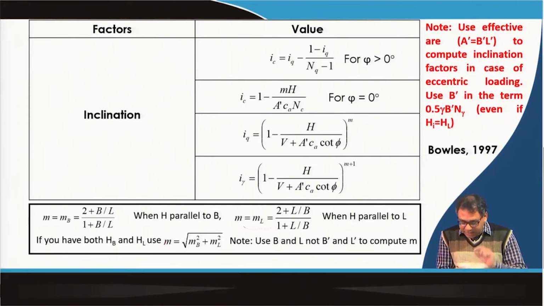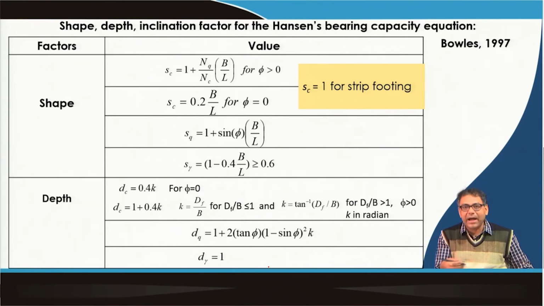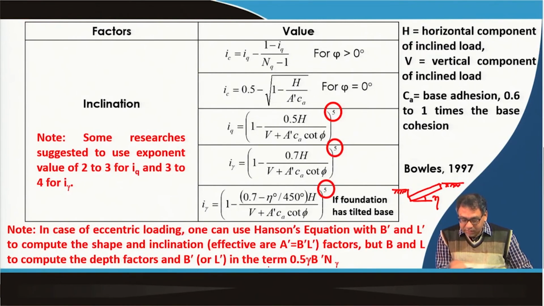So, is this clear? Another thing, again you use B and L, not B dash and L dash, to compute M. So, in Hansen's expressions, if you see Hansen's expression, the parallel to B or L case is not directly incorporated in these factors, not in the shape factor, depth factor, or inclination factor; it is just mentioned as H. That can be either horizontal parallel to B or parallel to L, but specifically it is not mentioned.